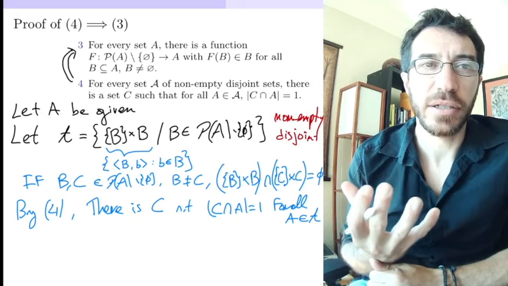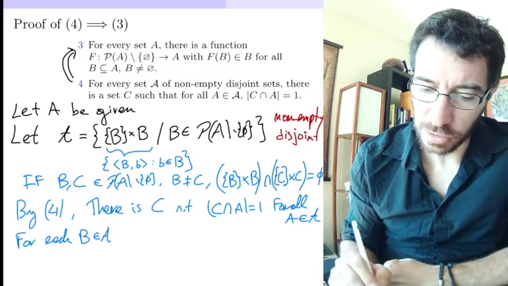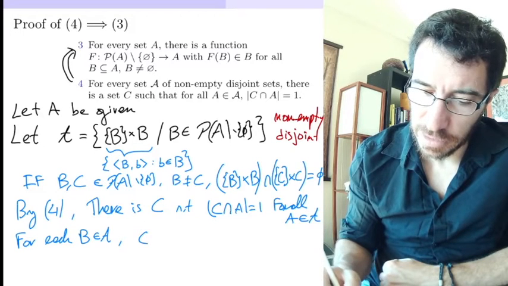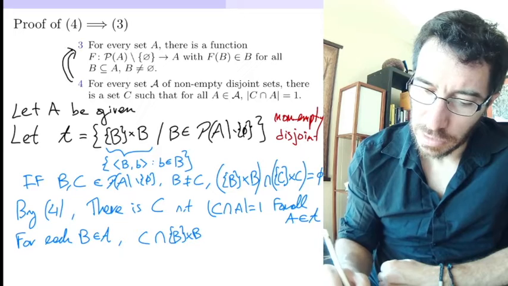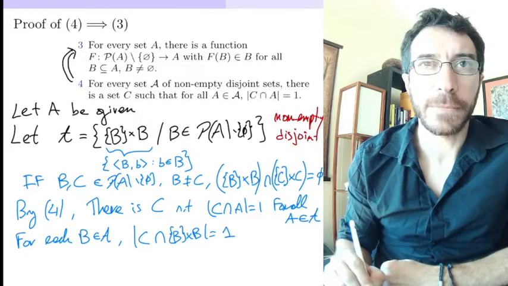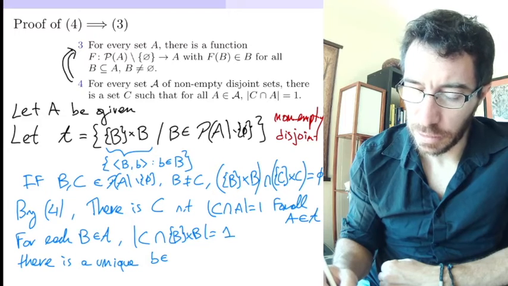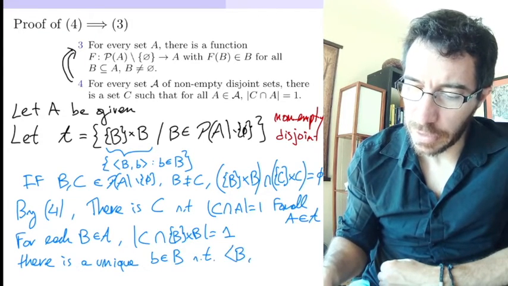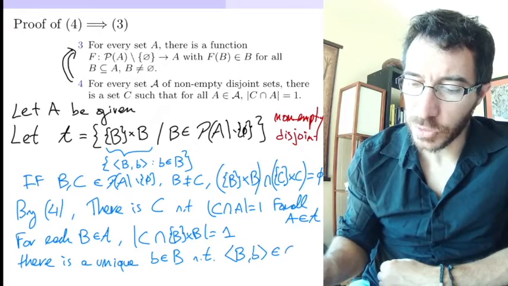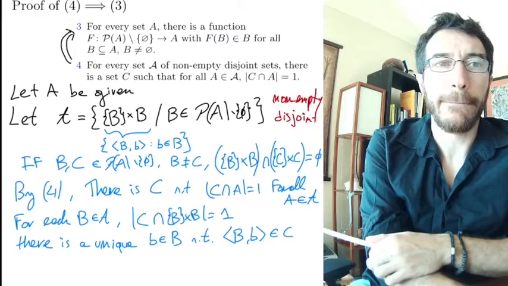And now for each element of the collection, we have that C intersects B cross B at exactly one point. So that means there is a unique little b in B such that the pair B comma b belongs to C. That is exactly what we want.